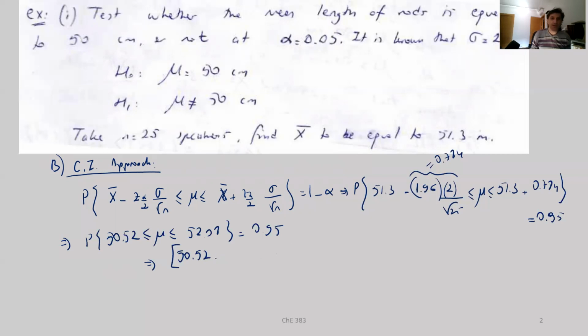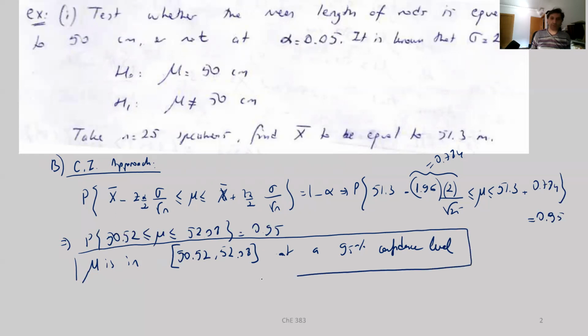Mu is going to be in this interval. Mu is in this interval at a 95% confidence level. So this is the formal conclusion of the confidence interval approach.